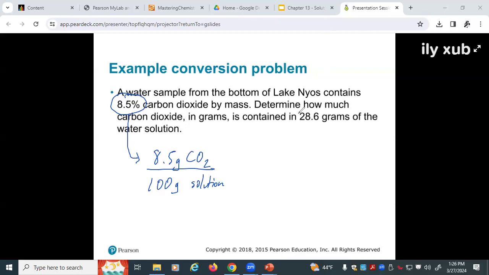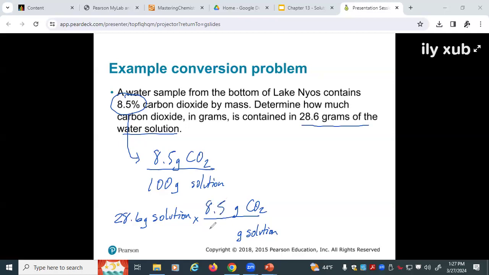Now, in this case, I have 28.6 grams of solution. And so I'm going to need to use this conversion to cancel out the grams of solution. And so it's 8.5 grams of carbon dioxide for 100 grams of solution.